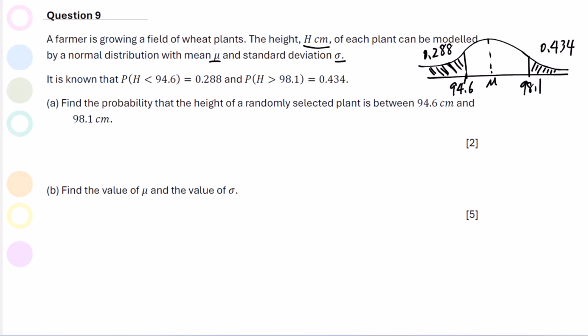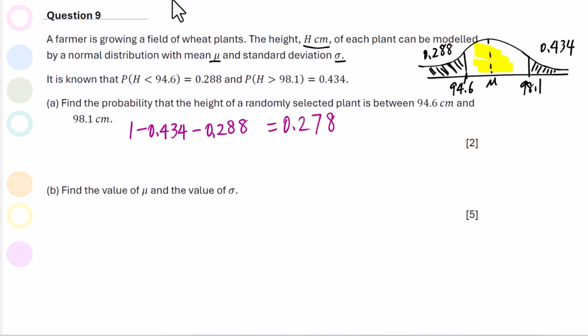We are looking for the probability of h greater than 94.6 and less than 98.1. Since the area under this curve is 1, we got 1 minus 0.434 minus 0.288 equals. Let's go to B.